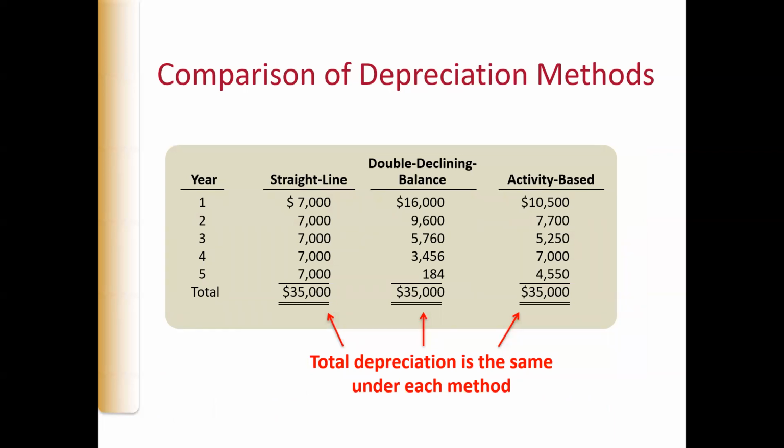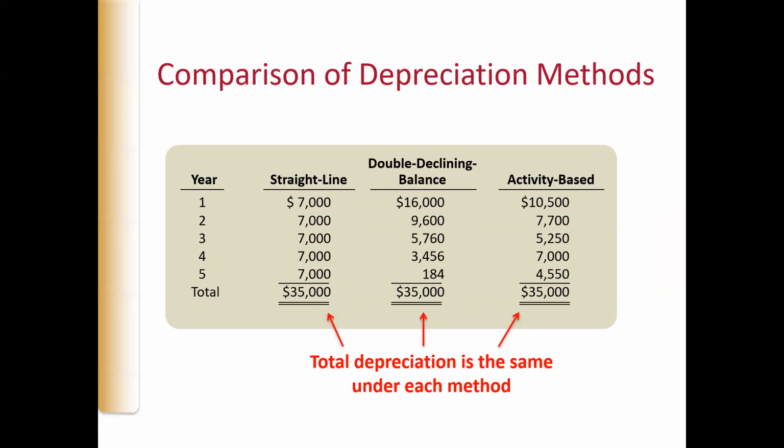Ultimately, no matter which method you use, you're going to end up with the same amount of depreciation in the end. It's just that each method does it differently. Straight line takes a flat amount every year. Double declining starts really fast, takes a lot of depreciation and then slows down.